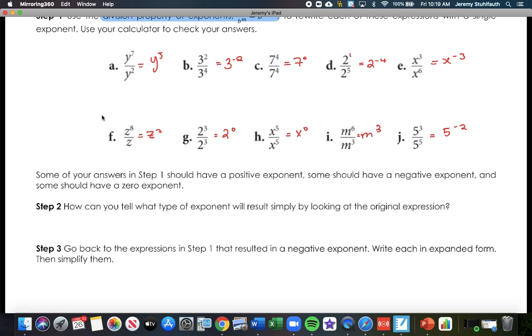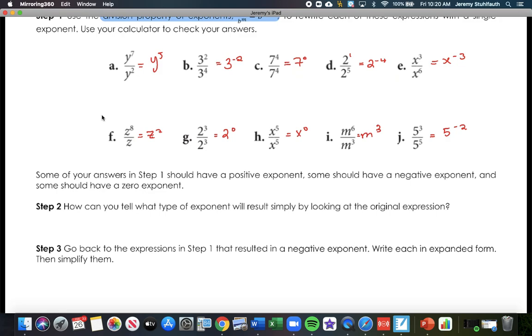And in order to get a negative exponent, it would be the opposite. If you look at letter B, you got 3 to the negative second. The exponent in the numerator is smaller than the exponent in the denominator.